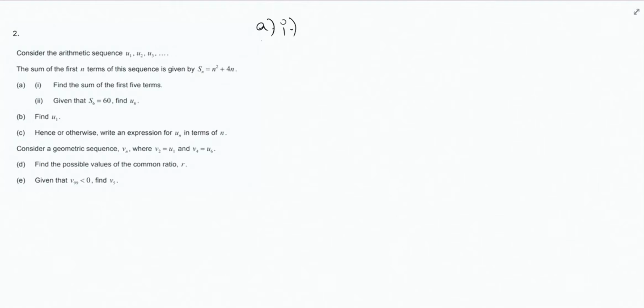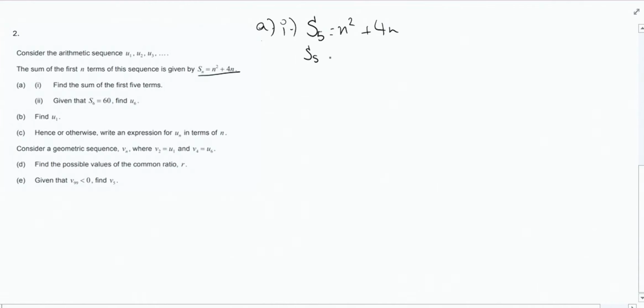In part A1, S5 equals 5 squared plus 4 into 5, which is 25 plus 20. So S5 is 45.